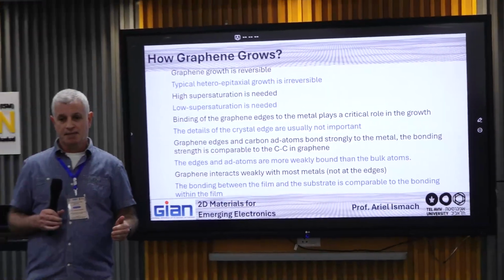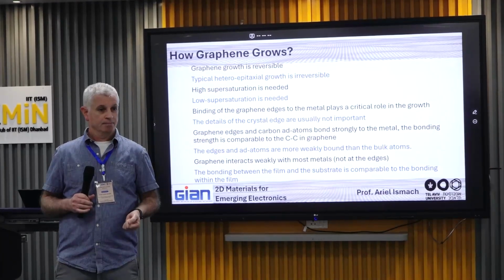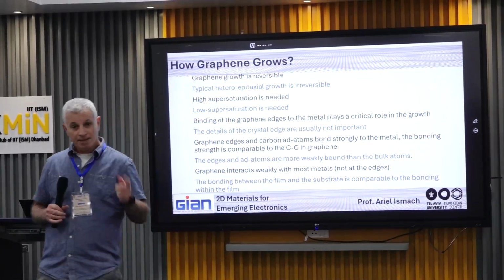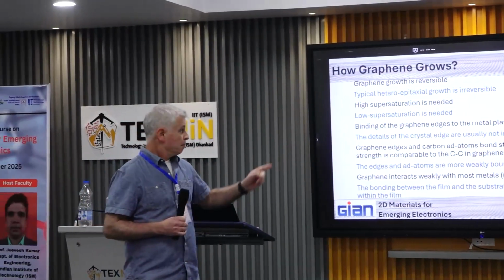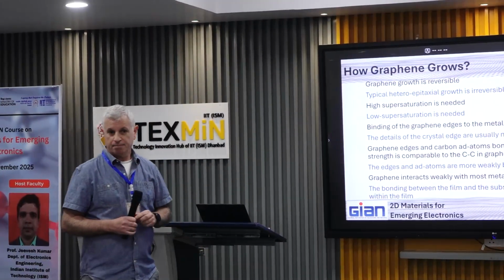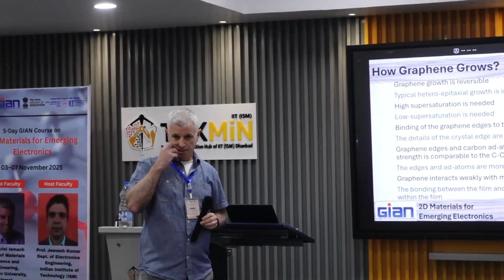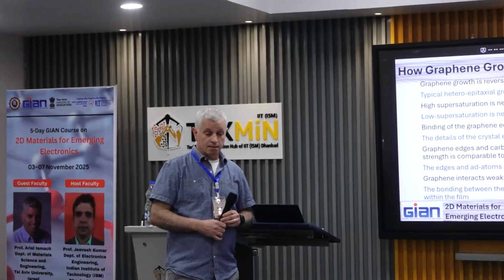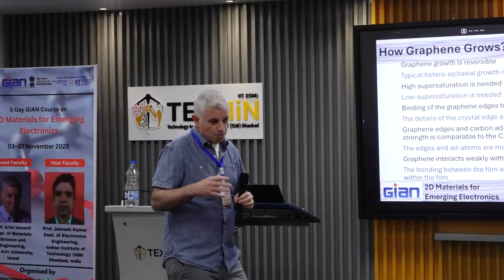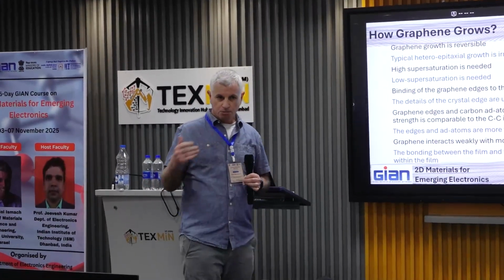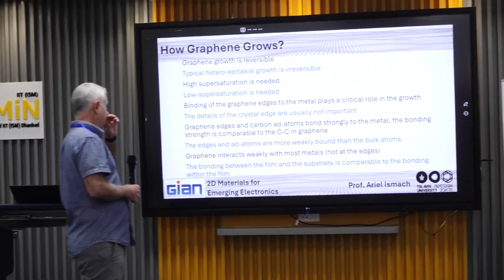If we stop the methane, the graphene will be catalytically etched away. But if we grow a thin film and we stop the precursors, like gallium arsenide, whatever, the film will not be etched. You may generate defects, but it will not etch. So this is a difference.